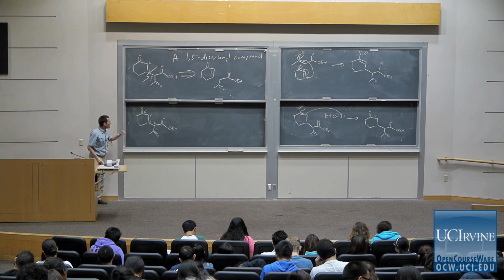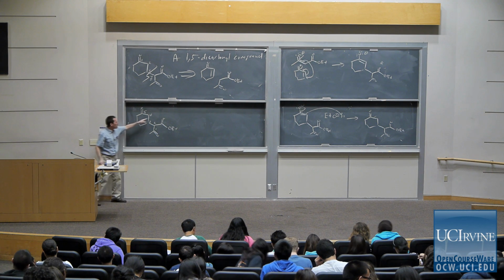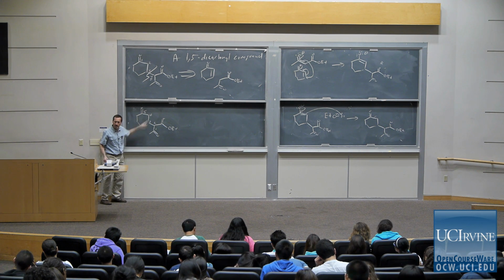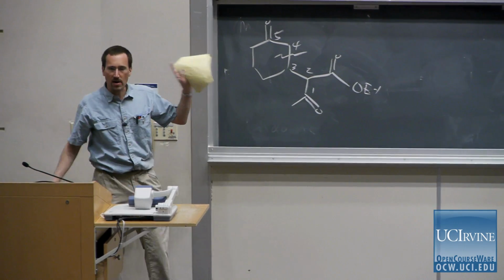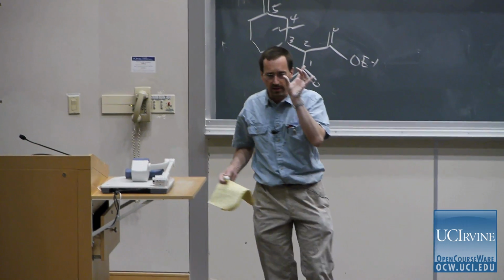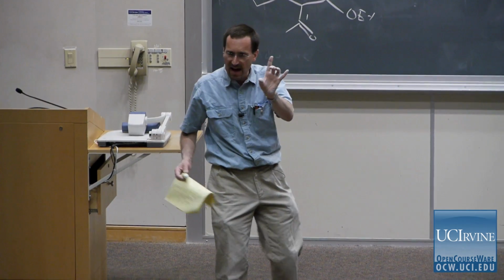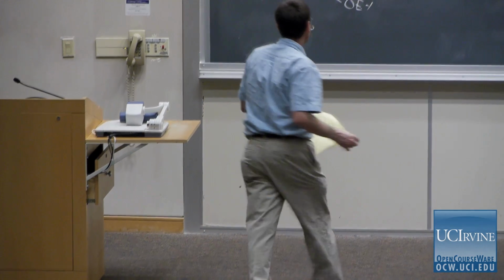And you look and you say, I'm going to break the bond between the 3 and 4 carbon, like so. And I'm going to apply all my smarts about it being the bond between the 2 and 3 carbon that was the alpha-beta unsaturated one, and the 4 carbon that was the nucleophile.